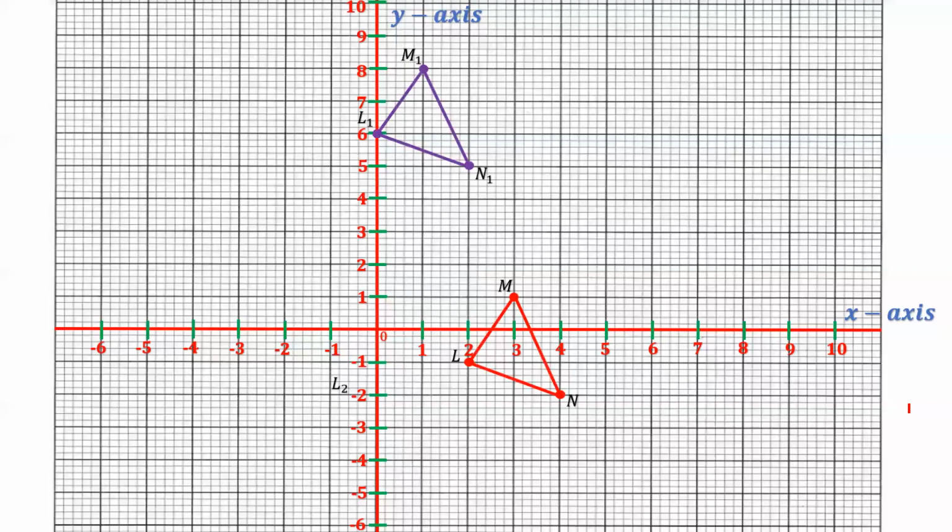Again, L2 is going to be -1, -2. For M2, it's going to be 1 and -3. And for N2, it's going to be -2, -4. We combine them, and that's what our values are. Now let's move on to the next question.